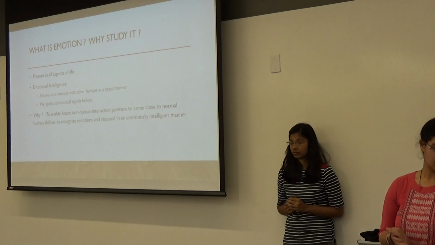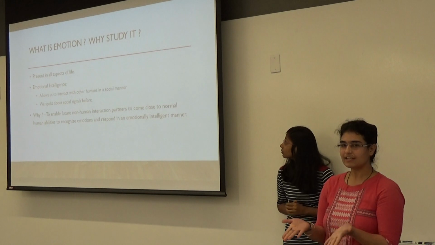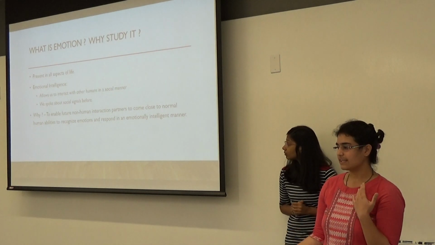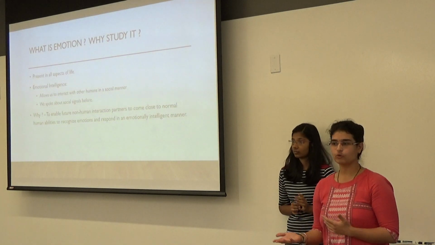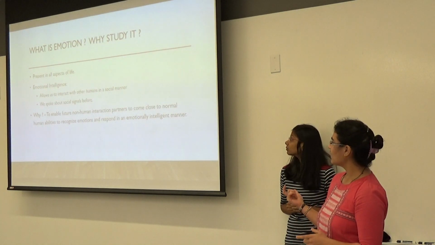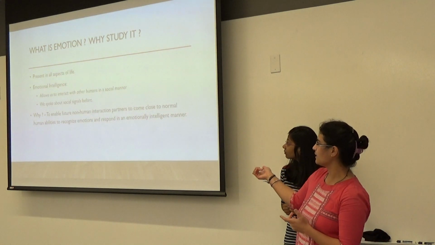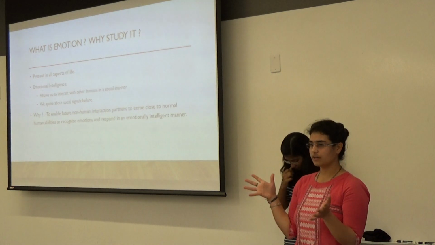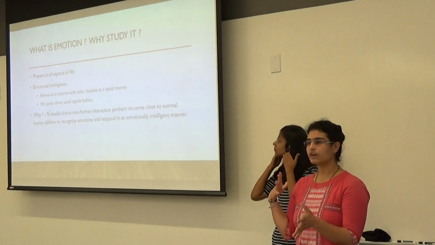Right. So basically, it's about emotions and about being emotionally intelligent. In human-to-human interaction, an important aspect is that we communicate emotionally intelligently. We are in a social environment, and that is the most important thing for any interaction.